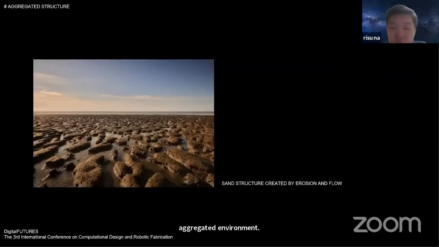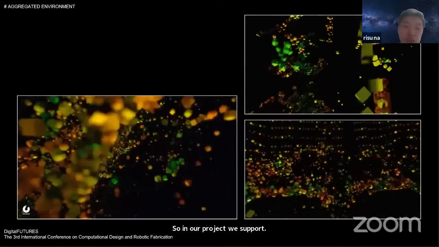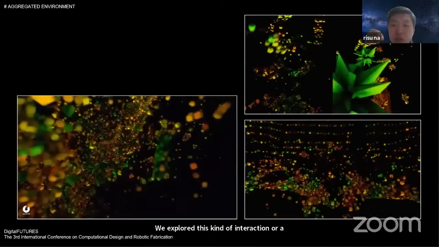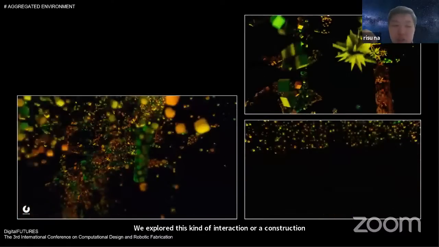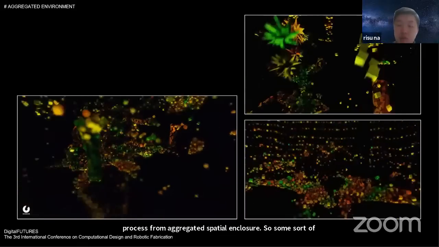In nature, large masses of substances like sand, stones, and gravel form many kinds of landscapes and objects through the process of flow and erosion. We want to imitate this kind of behavior or process in architecture and create its own configuration. So in our project, we explored this interaction, or a construction process of an aggregated spatial enclosure, through granular materials.